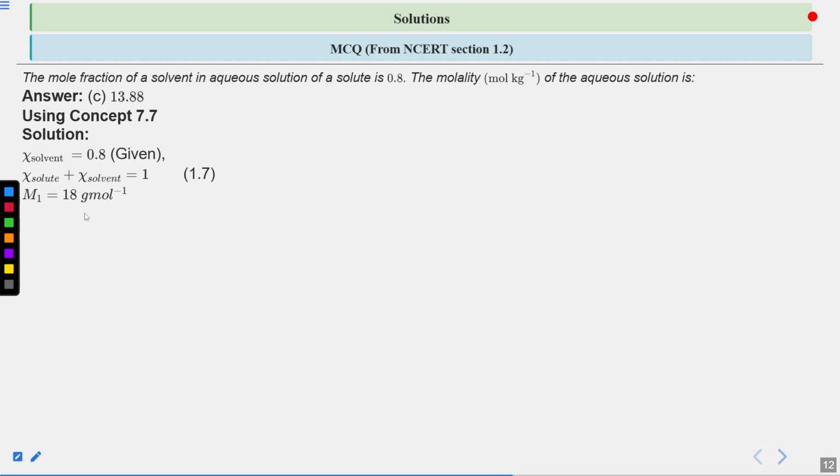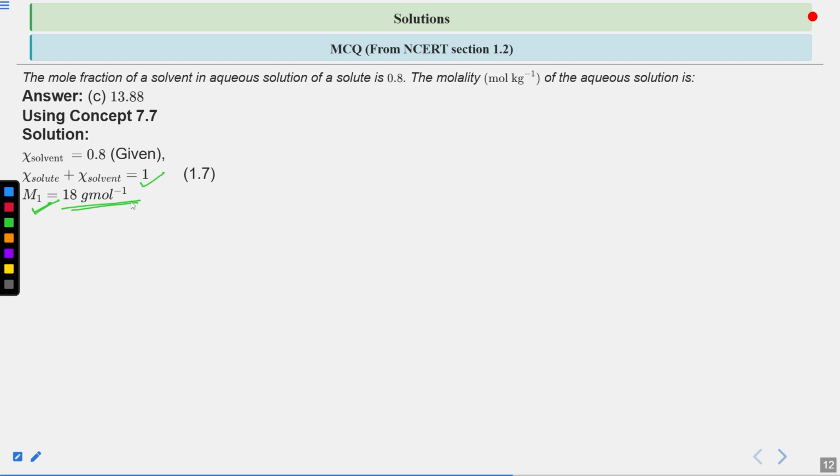So the mole fraction sum for the solute and solvent is 1. The molar mass of our solvent is 18 grams per mole. We are talking about the aqueous solution, which means we are considering the solvent as water.